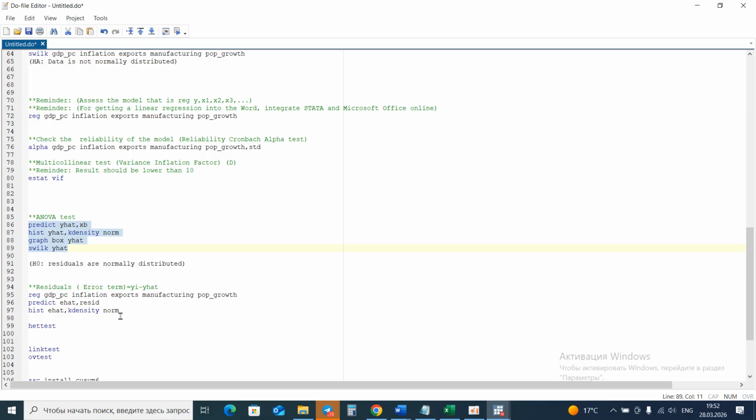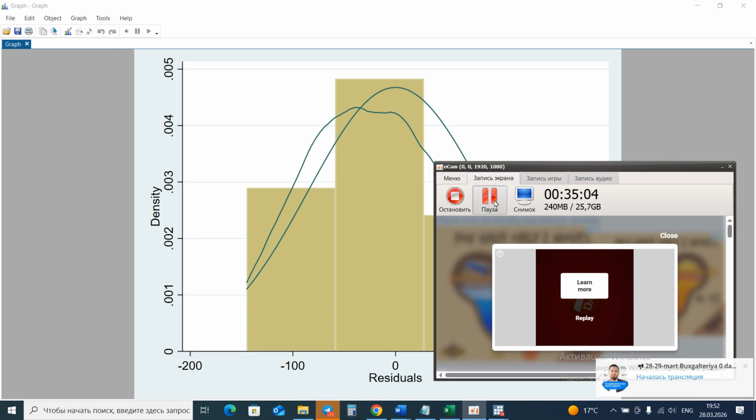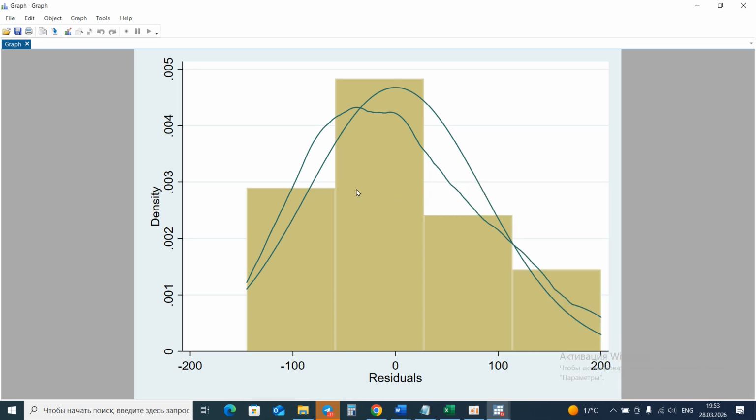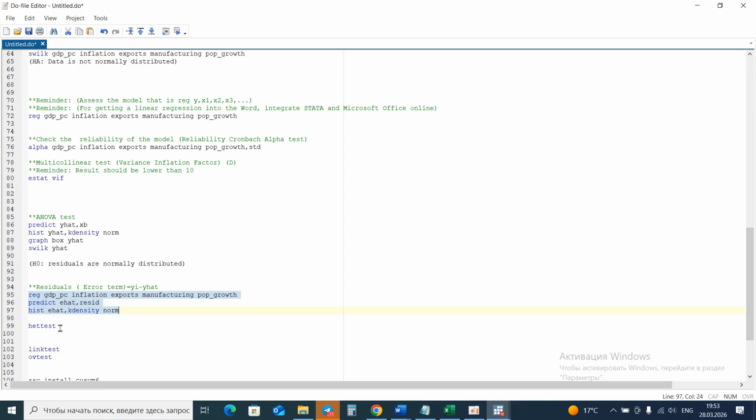And next, we move to the histogram. This histogram with kernel density and normal distribution reveals that GDP per capita exhibits slight skewness and potential outliers, which is typical for macroeconomic data. So next is the heteroskedasticity test.